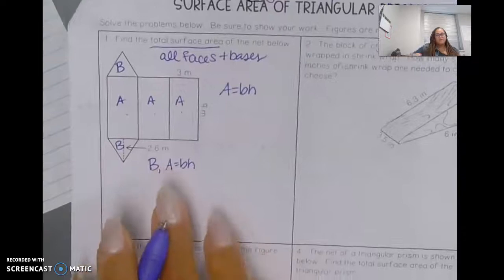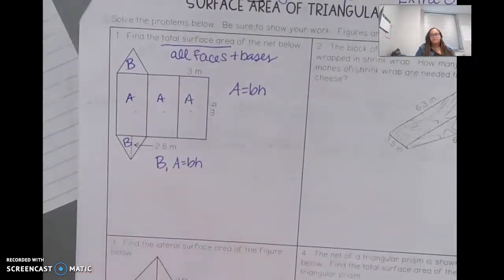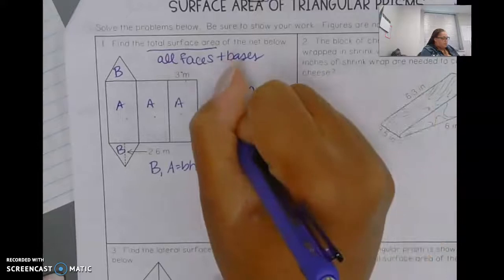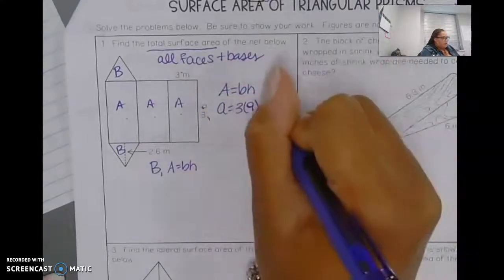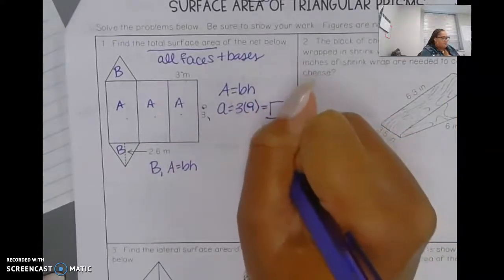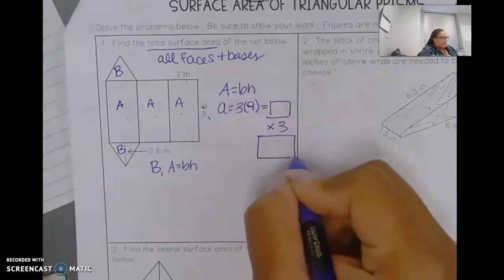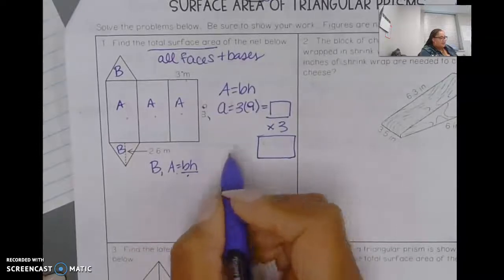I got to be careful with those letters there because I don't want to confuse you. The base and the height for the rectangle is 3 and 9. You'll have to do that and get an answer, and then you'll have to do it times 3 because you have 3 of them.